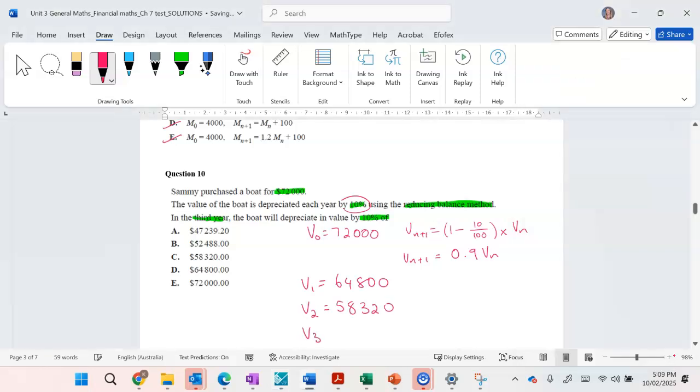So for V3, it's going to depreciate by 10% of that amount. So 0.9 times 58,320. It's not asking you what it is. It's depreciating this value by 10%. So that is option C.